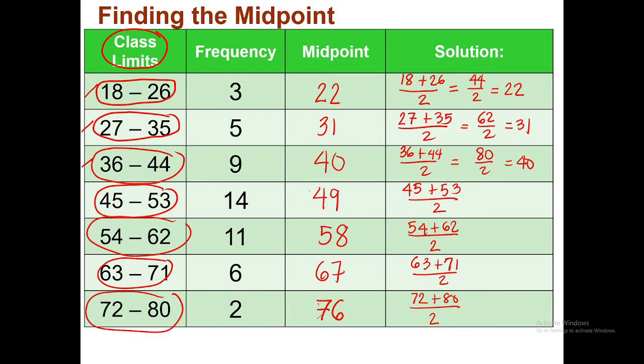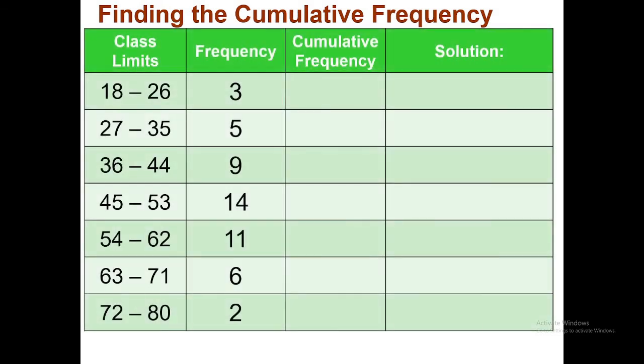Okay, now let's go to the last one, the cumulative frequency. So the cumulative frequency is so simple. Sir, how do we get the cumulative frequency? Start with the number 3.